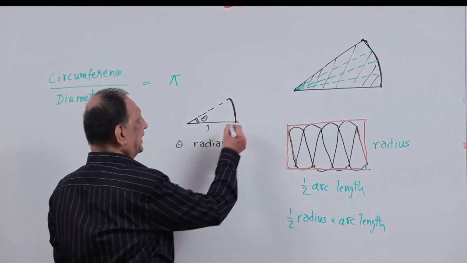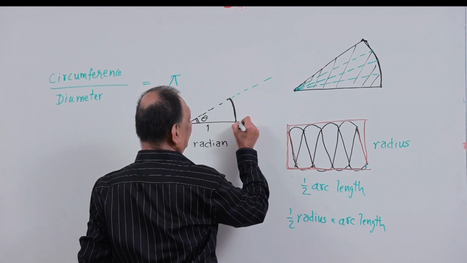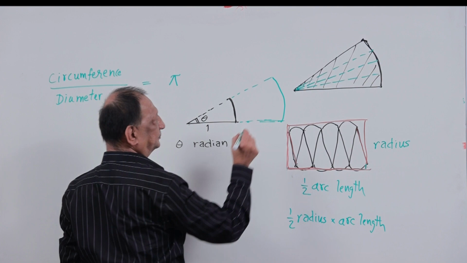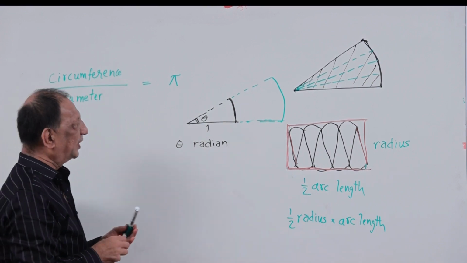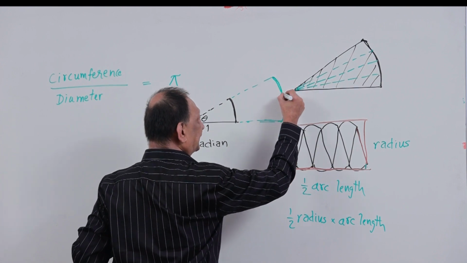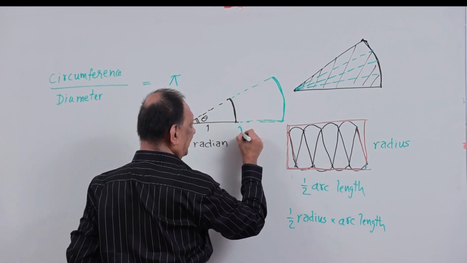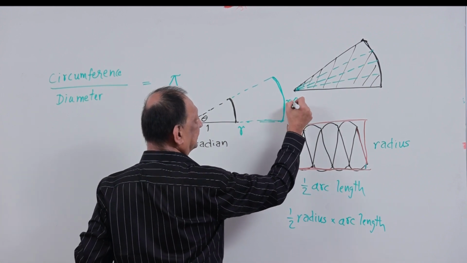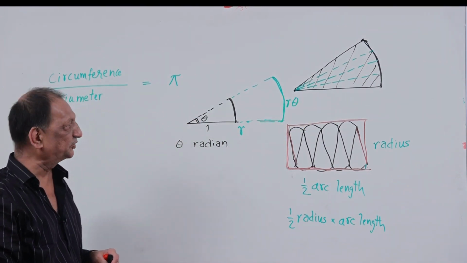And if you have any other radius, of course, we'll have a correspondingly bigger arc length. So what is the arc length of a circle of radius r? Radius is r, no? Is r theta, because that has to be proportional, no?